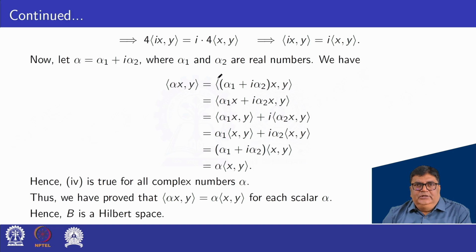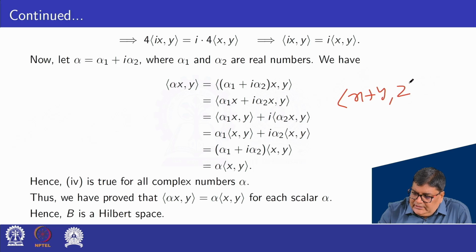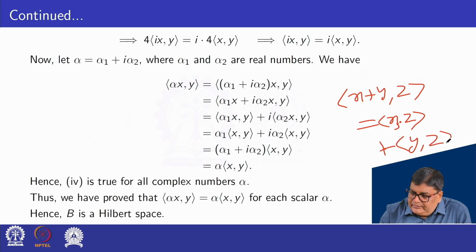Okay, so using the third property of inner product, that is the inner product of x plus y, z equals the inner product of x, z plus the inner product of y, z, this can be written as the inner product of alpha 1 x plus i alpha 2 x, y. Applying this property, this is equal to the inner product of alpha 1 x, y plus the inner product of i alpha 2 x, y.